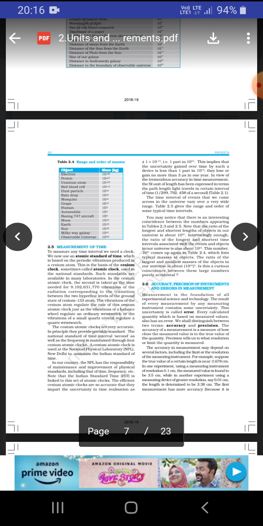We shall distinguish between two terms called accuracy and precision.